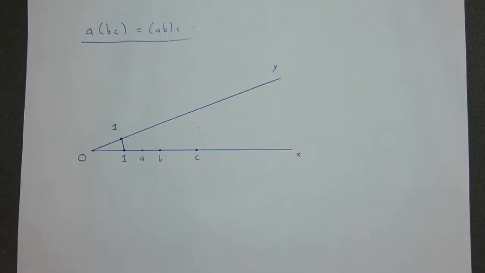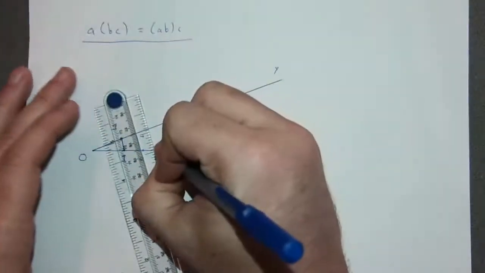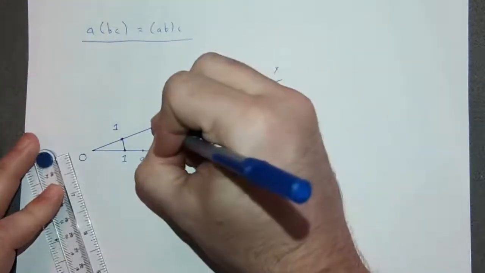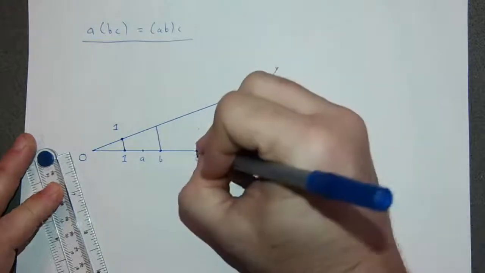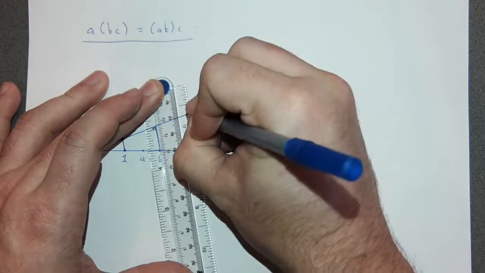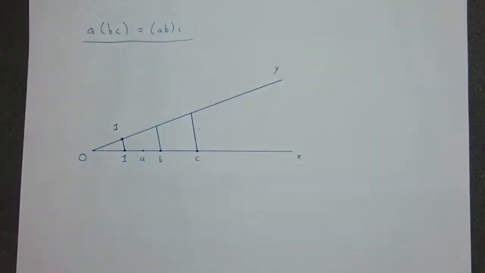And so, we're wanting to do A times B times C. So let's construct B times C first. So if I draw in solid lines for B and C, correspondence lines, I don't need both of them yet, but there's one for B, and here's one for C. Okay.